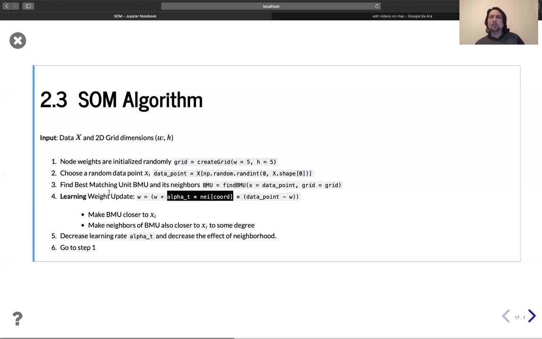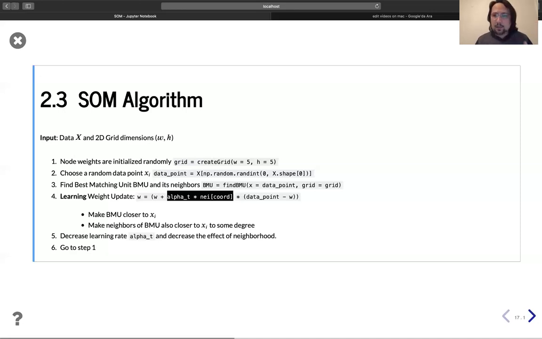The best matching unit becomes closer to the data point, and its neighbor neurons also become closer to the data point. If a similar data point comes, they are similar data, and maybe they are from the same cluster, then this best matching unit will become much closer to this data.